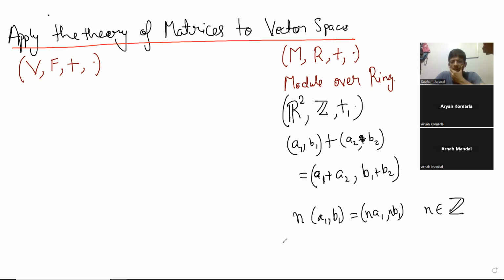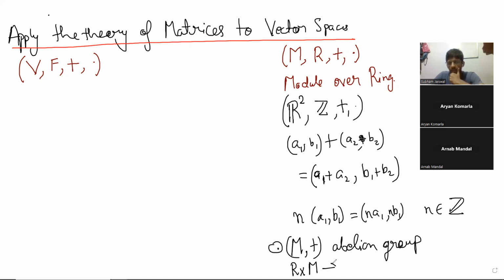Okay. So here it's clear, right? So I'm just repeating this in a slightly different way. A module over a ring: the definition is that M plus this is an abelian group. And there is a function from R cross M to M. And what is this?